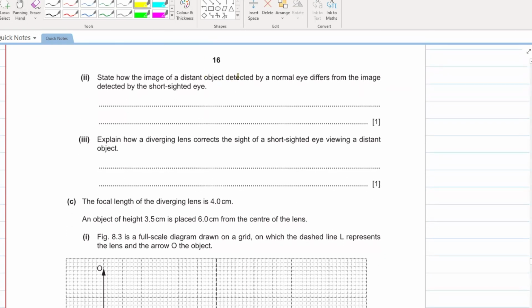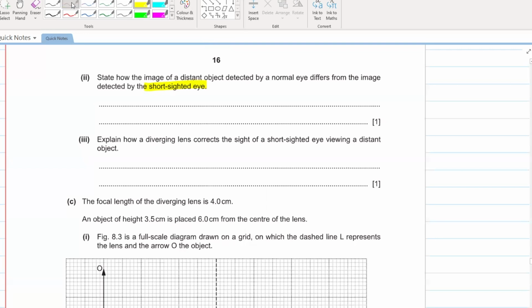State how the image of the distant object detected by a normal eye differs from the image detected by the short-sighted eye. How will both the images differ? The image in a normal eye will be sharp and focused. However, the image formed in a short-sighted eye will be blurry.